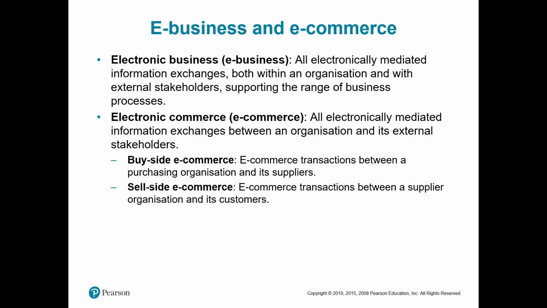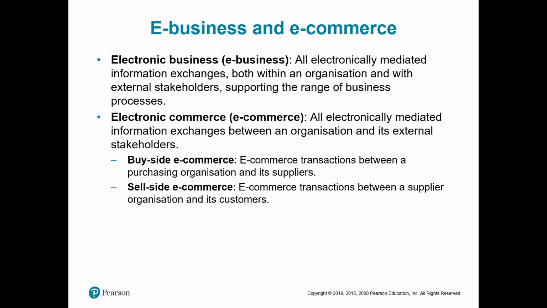All right. So I've explained e-commerce. Under e-commerce, we have buy side e-commerce and sell side e-commerce. When we talk about the buy side, basically GCTU, which is an organization or a firm, purchases items from suppliers.